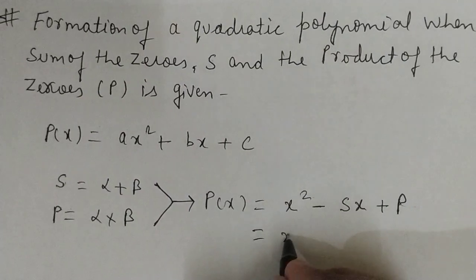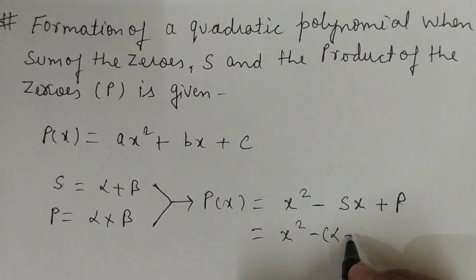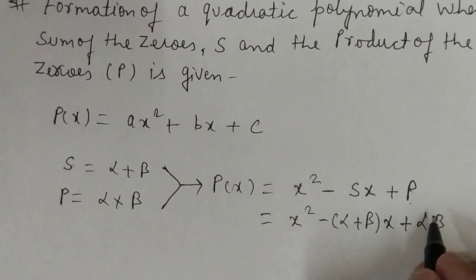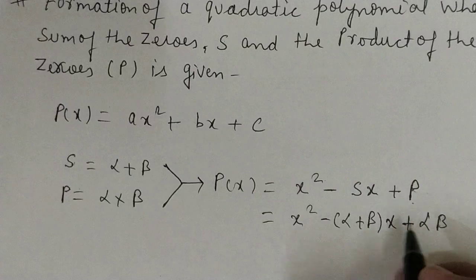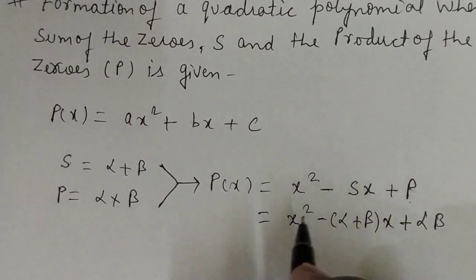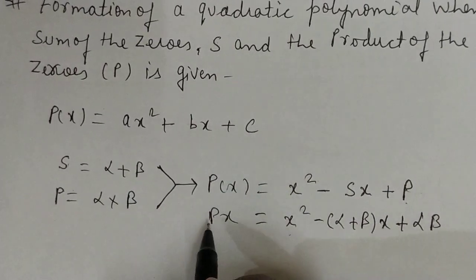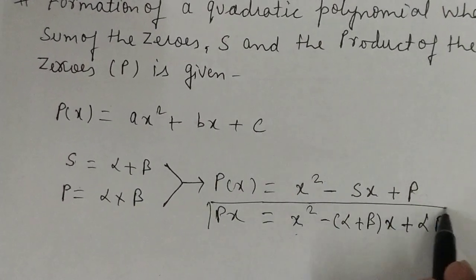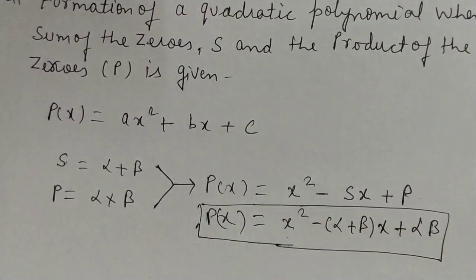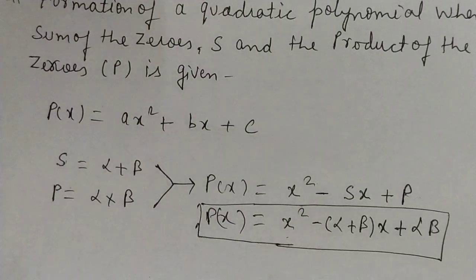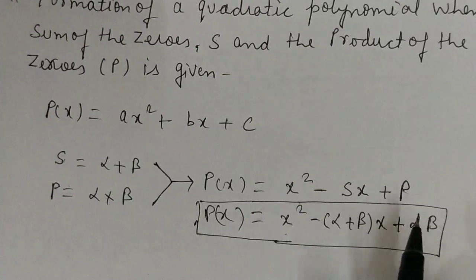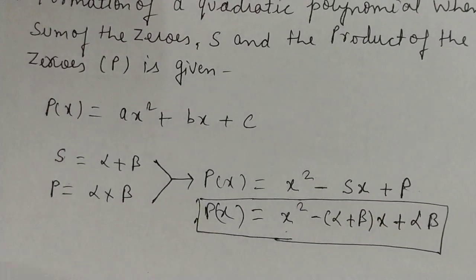At the place of s, can I write alpha plus beta into x, and at the place of p, can I write alpha into beta, because the meaning of sum is alpha plus beta and meaning of product is alpha into beta. So this is the formula that you have to remember, direct formula. Clear? That is P of x will be equal to x square minus alpha plus beta into x plus alpha into beta. Yes, remember this formula.